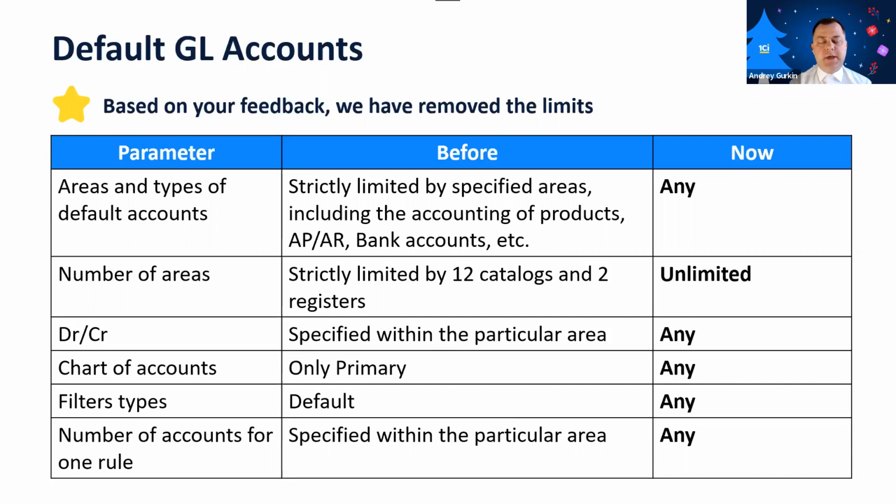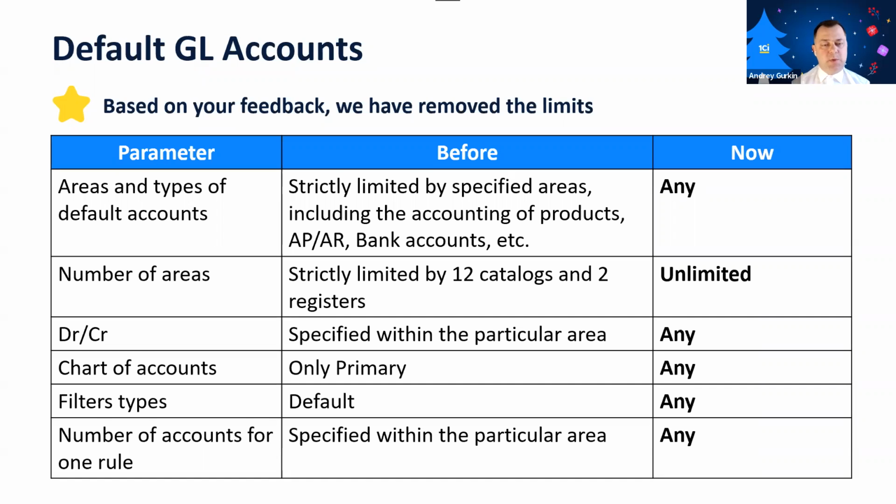Regarding default GL accounts, maybe most of you remember that we had some limits before, but based on your feedback, we have removed the limits. Before, the areas and types for default accounts were strictly limited to specific areas such as products, accounts payable, accounts receivable, bank account, etc. We had a strictly limited number of areas, which consisted of 12 catalogs and 2 registers.